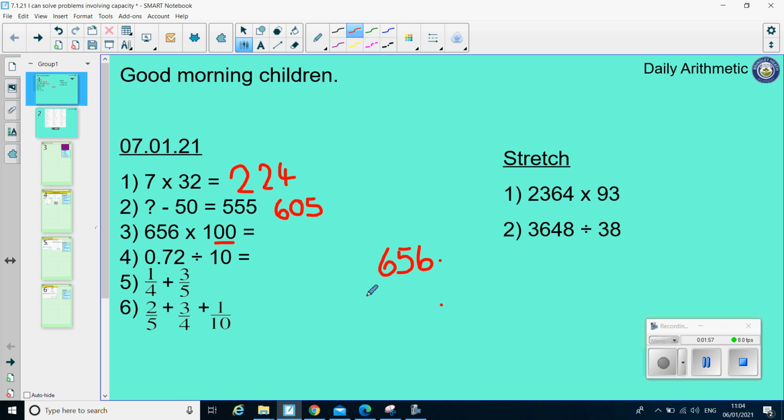So my 6, if I move it 1 place, it goes to the thousands column, but I want to move it 2 places, so it ends up in the 10,000s column. Do the same with my 5, and my second 6 ends up in my hundreds column. Then I've got this gap here where I need 2 placeholder zeros. So my answer is 65,600.